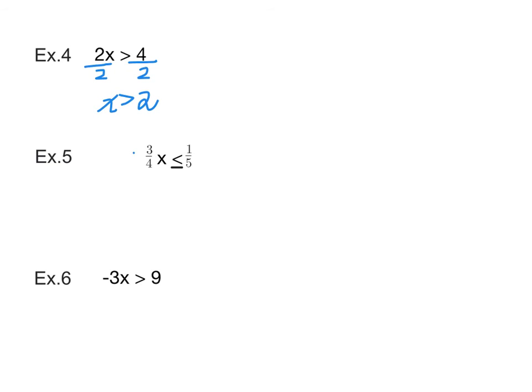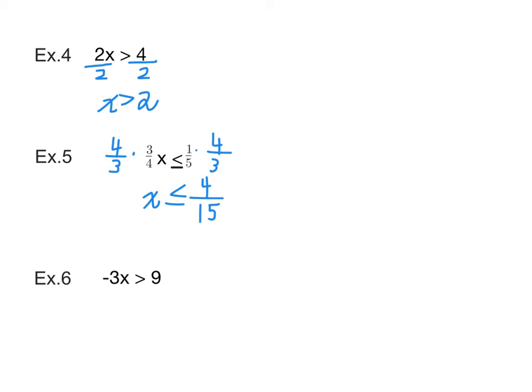Or, better yet, let's multiply by its reciprocal, which is 4/3. That means x is less than or equal to 4/15. Even though I multiplied, I did not multiply or divide by a negative number. So we keep the sense of the sign exactly the same way.